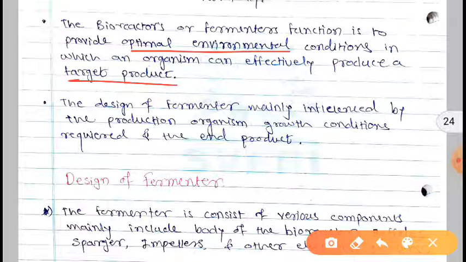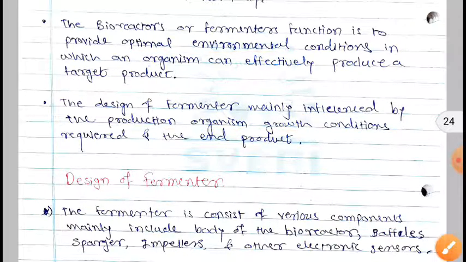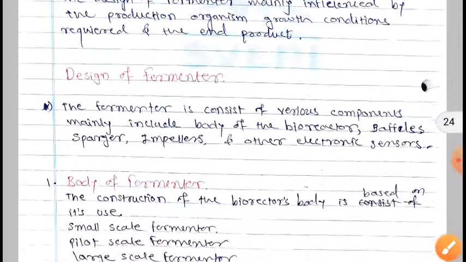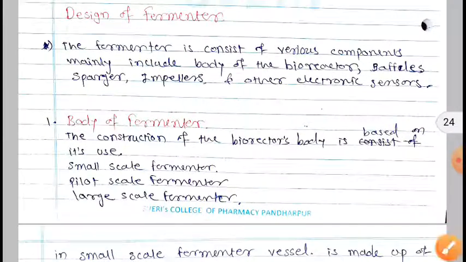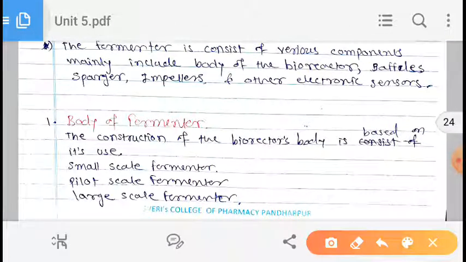The design of the fermenter is mainly influenced by the production organism's growth conditions. It means the organism which we are going to use in the fermentation process needs some special requirements, so according to that requirement, we design the fermenter.